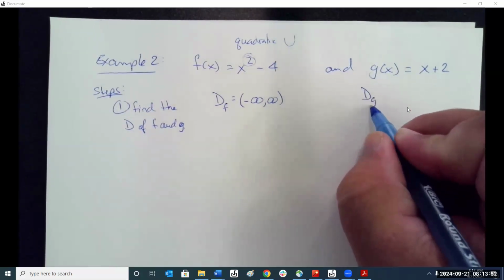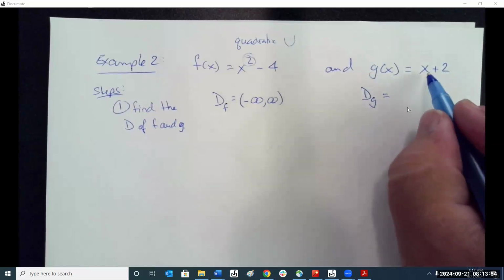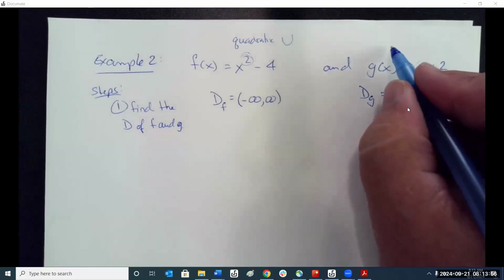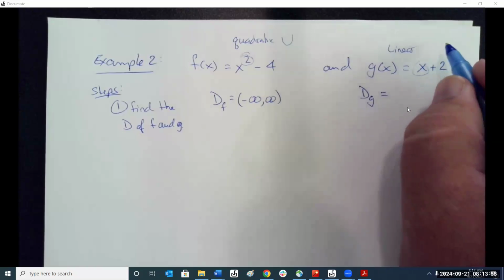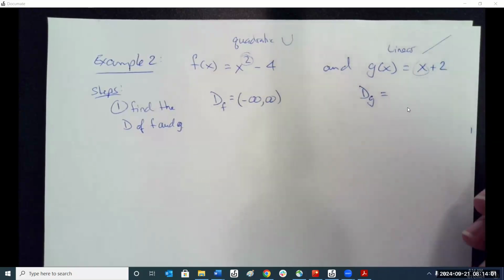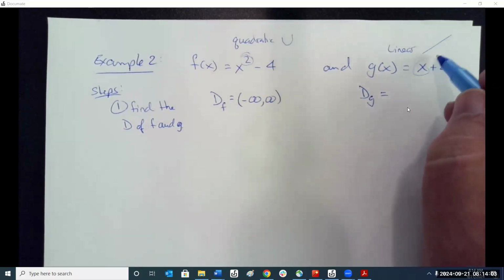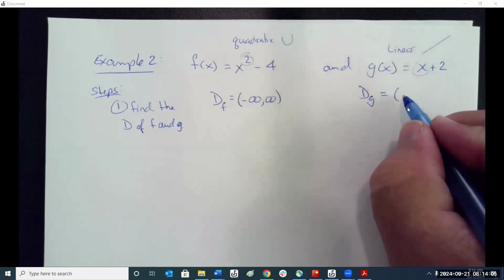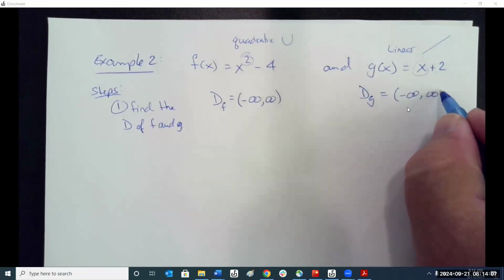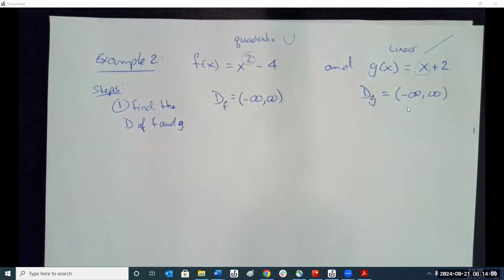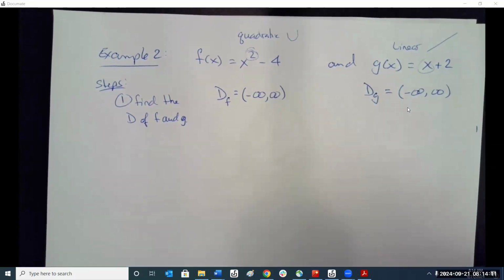The domain of g of x, this is a linear equation. It's a straight line because there's no powers, no anything. And those go from -infinity to +infinity.